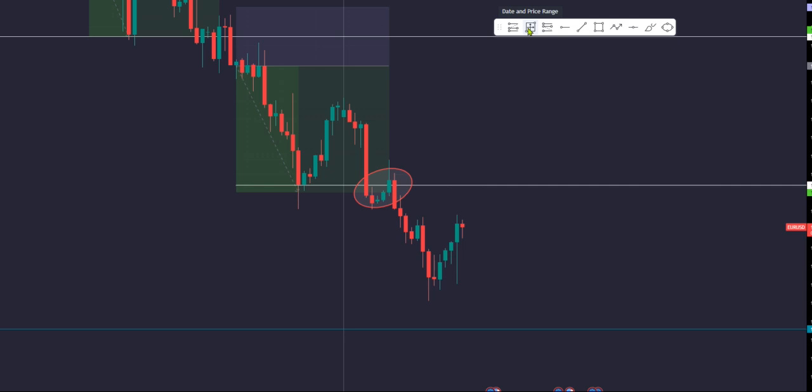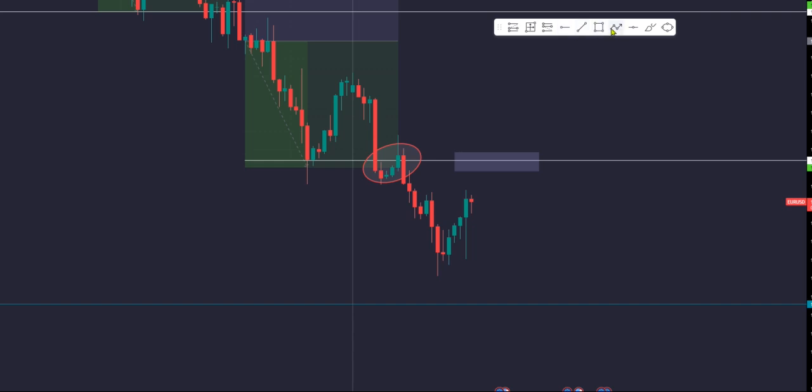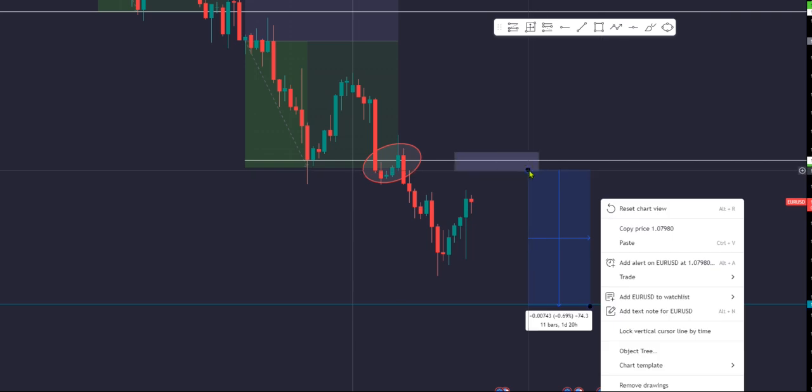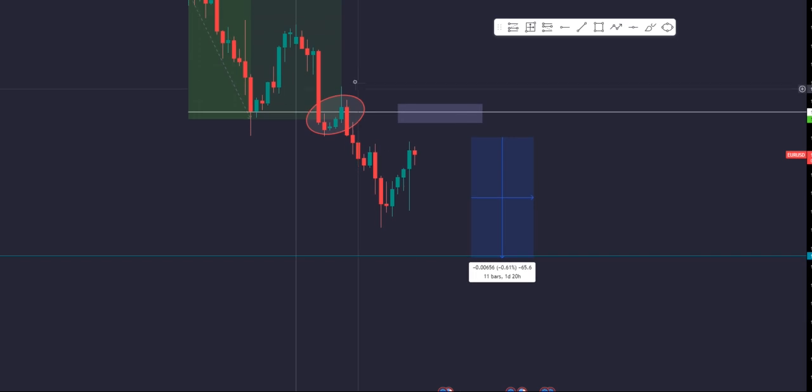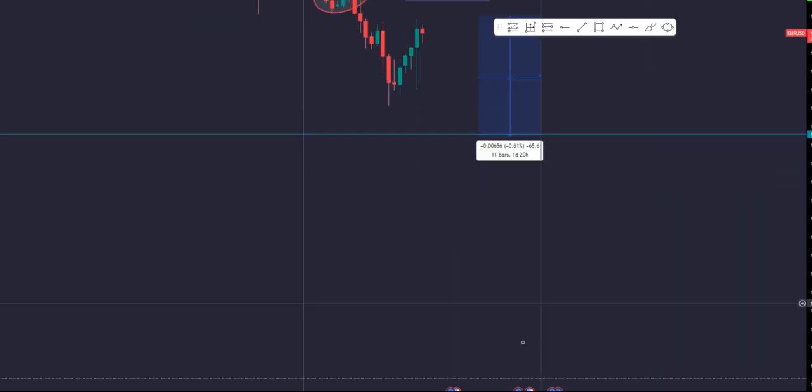It's gonna be very interesting if the price comes here and rejects this area with an engulfing candle. The engulfing candle is gonna be somewhere like here or here, the entry. Then stop loss just right above here.